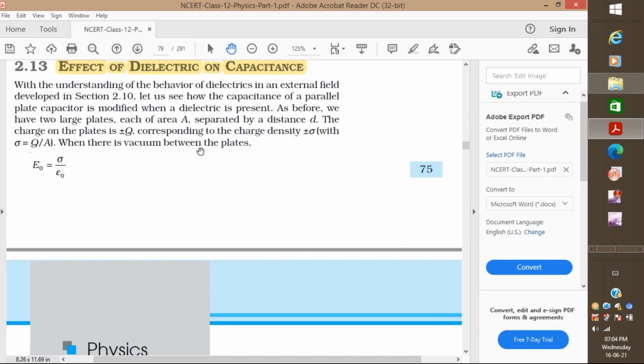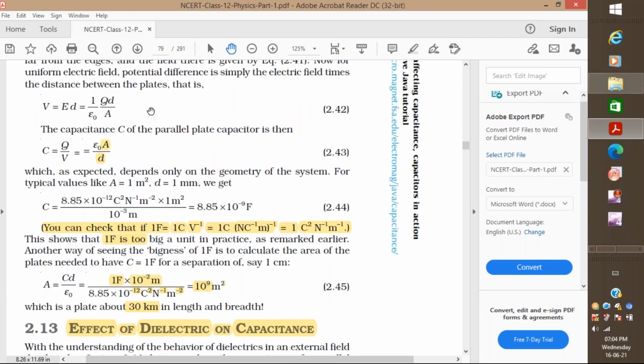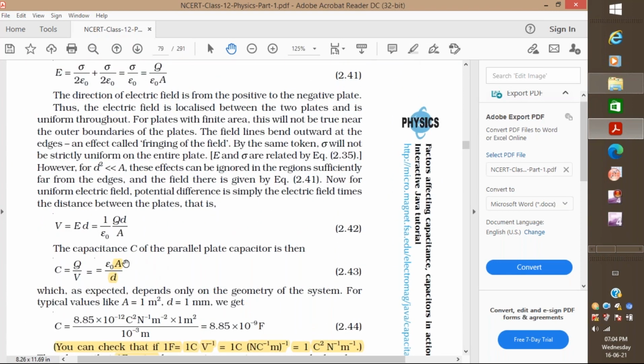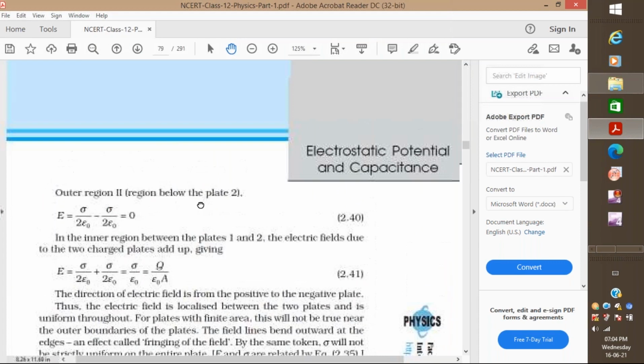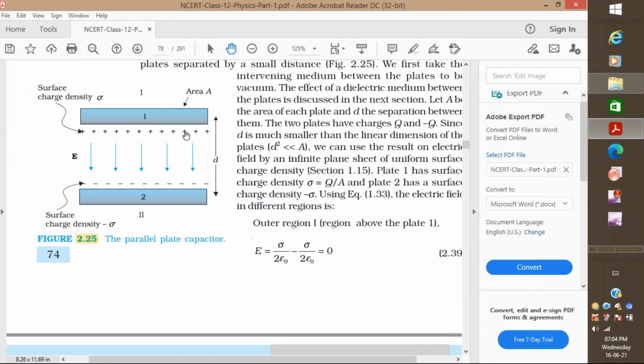In the next class we'll see how the value of the capacitance of a parallel plate capacitor will vary if we keep some dielectric material with a certain dielectric constant instead of air. Right now we don't have anything between the plates. At that time, I'll take a dielectric slab of the same thickness d and area A and keep it there, and the capacitance will change.